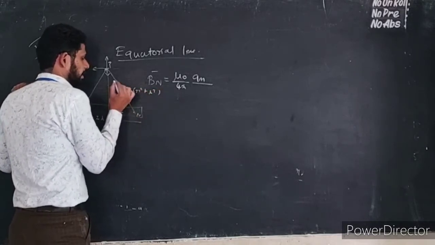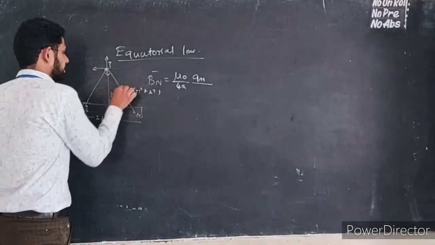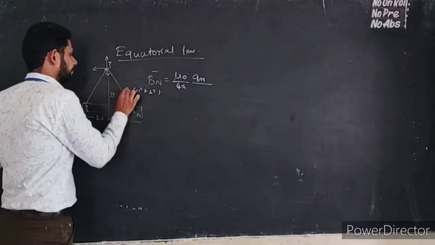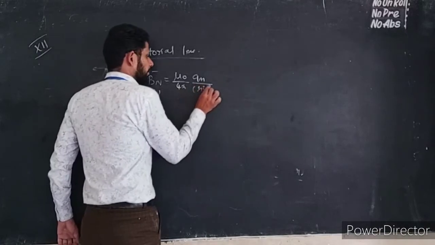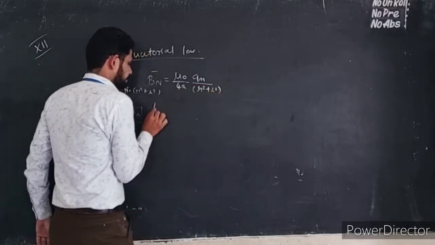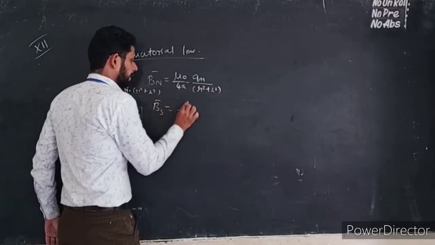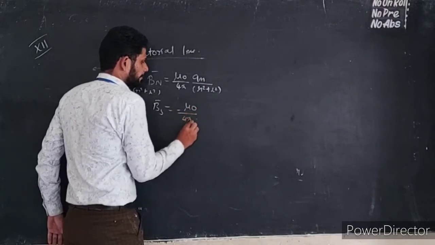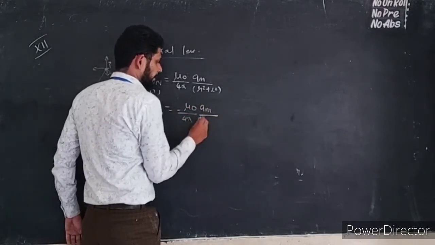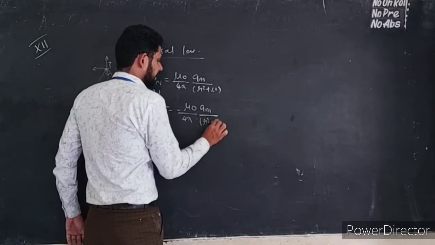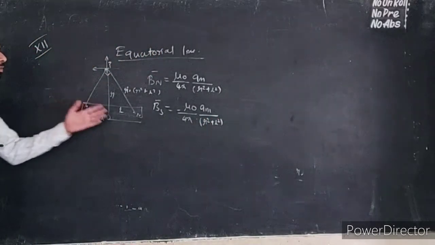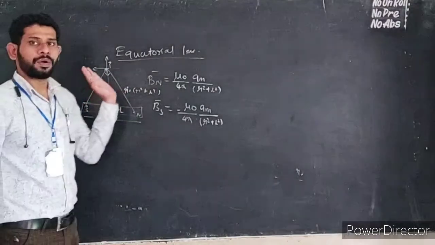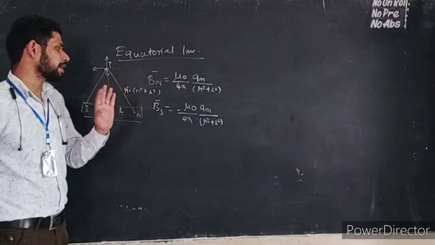Due to the south pole, it will become minus mu naught by 4 pi qm divided by R square plus L square. Again, taking mu naught qm by 4 pi outside, 1 by R square plus L square minus R square minus L square.